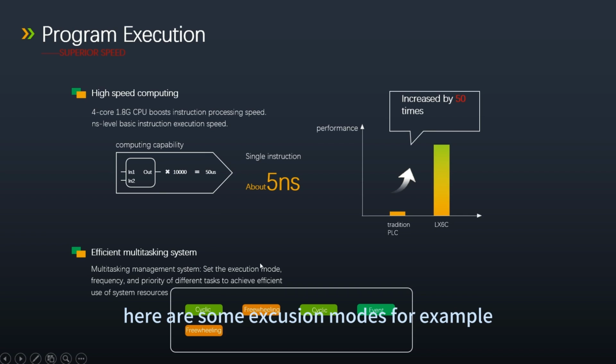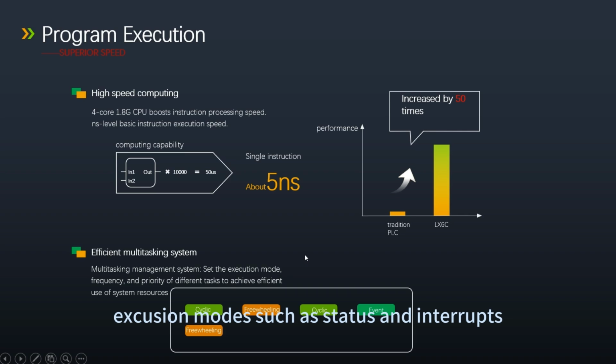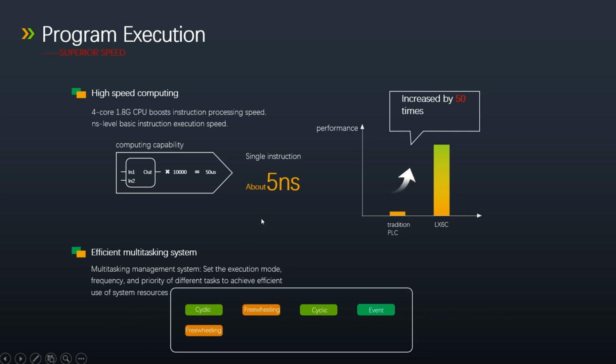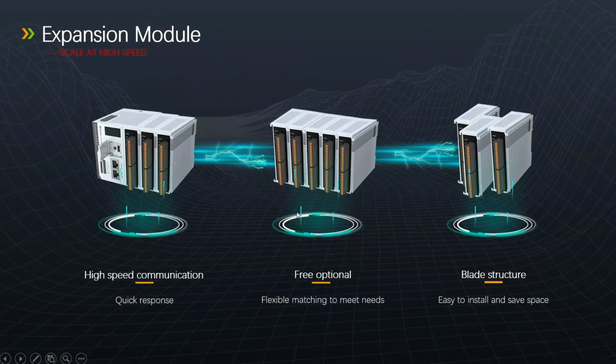Here are some execution modes, for example, cyclic, freewheeling, and event. There are also execution modes such as status and interrupt. You can check them in detail in the CODESYS platform.